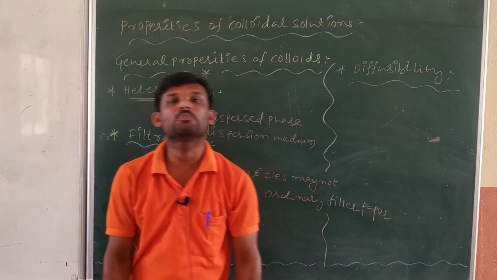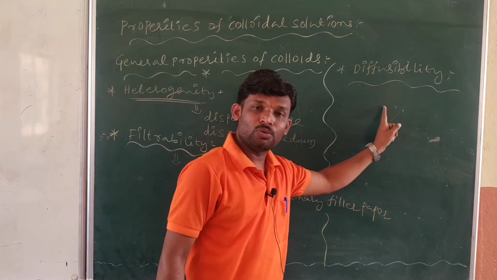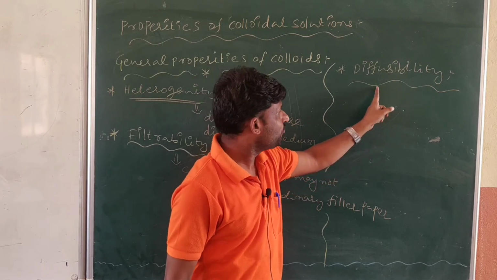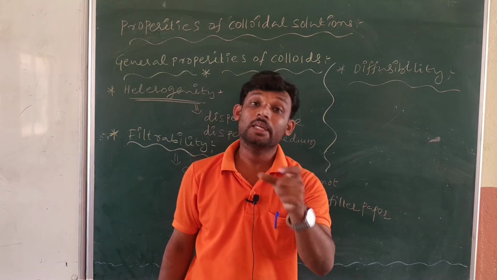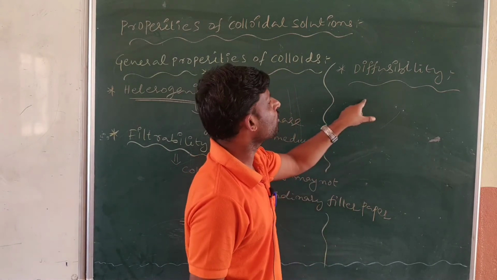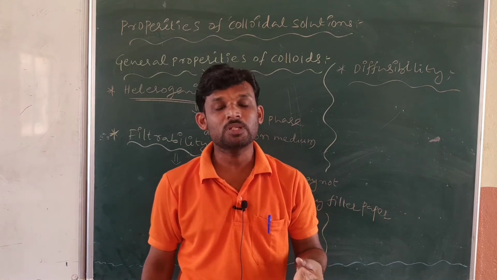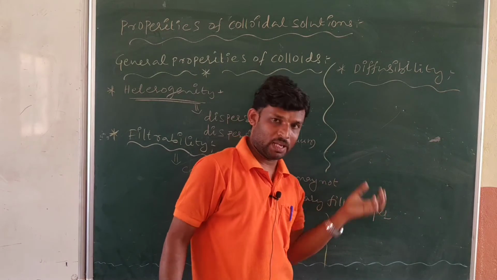But when comparing with true solution particles, the diffusibility of the colloidal particles is less than that of true solution particles. They may not diffuse more, means compared to true solutions, they diffuse less.